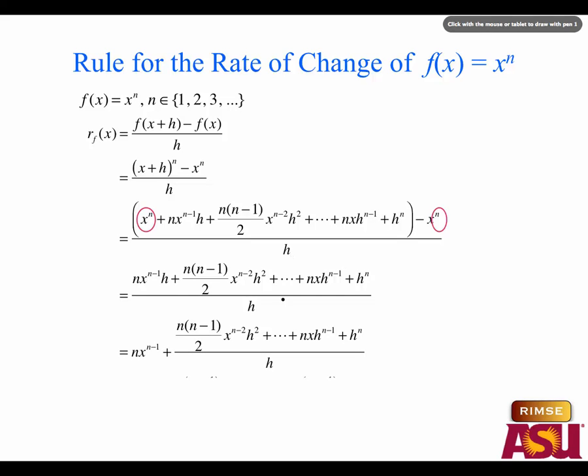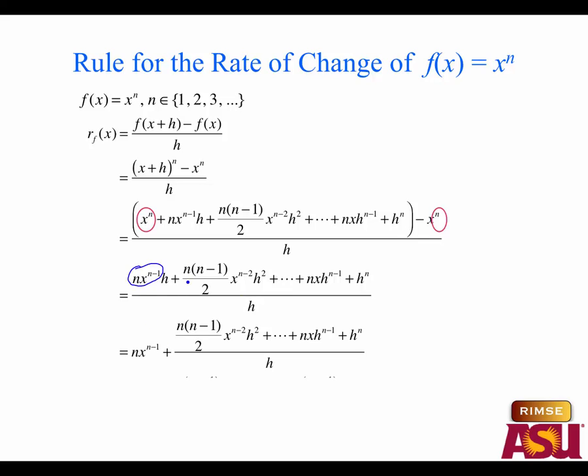So what just happened here? What happened here was we split up, took all this over h and this first term over h. So when we took that first term over h, the h's go away and you're left with this thing right here. Okay?